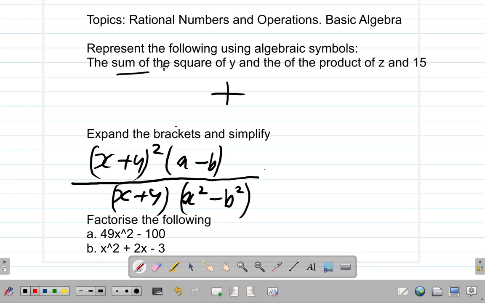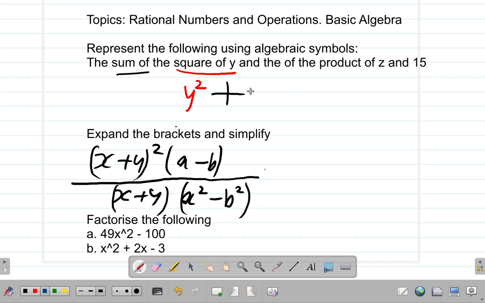Well, the square of y. The square of y. That means y squared. So it is y squared. And what? And there's something else there. And the product means you're going to multiply.